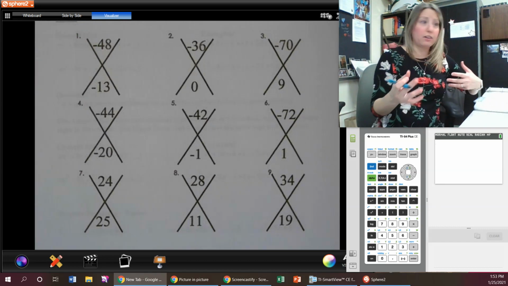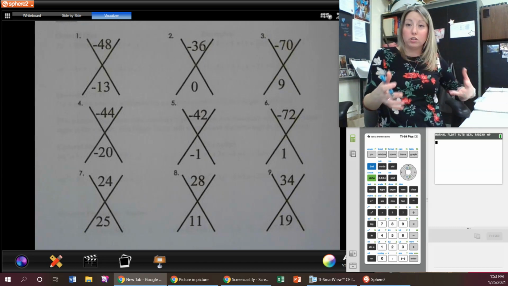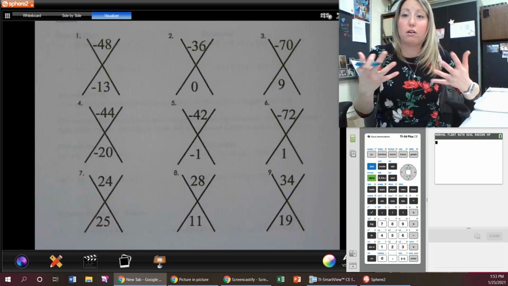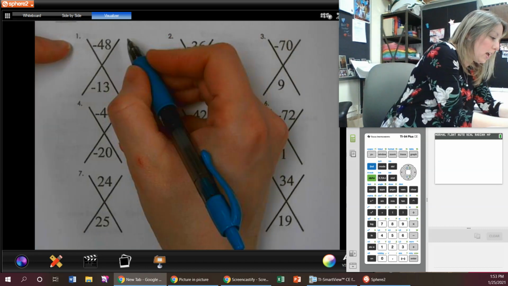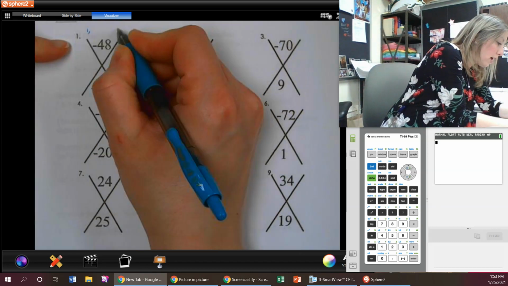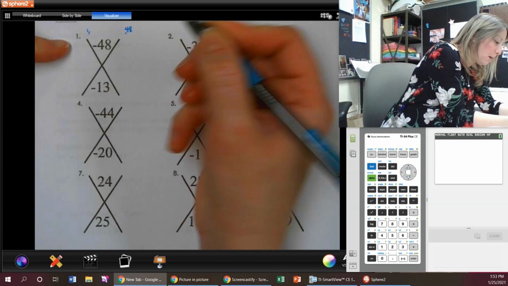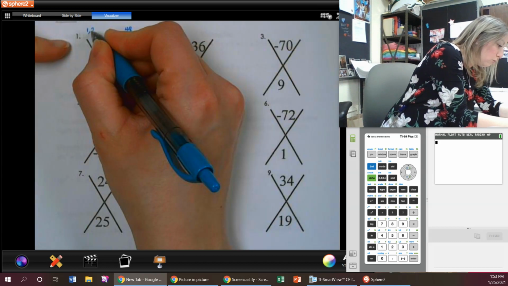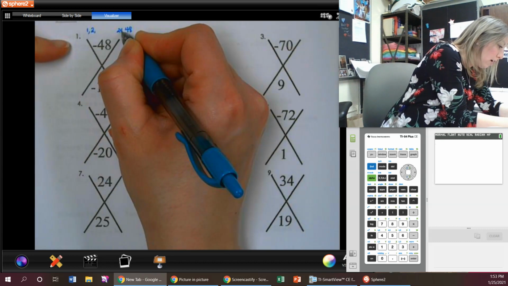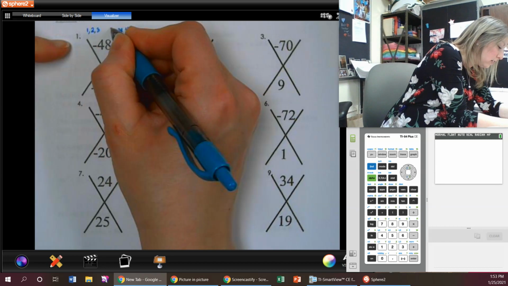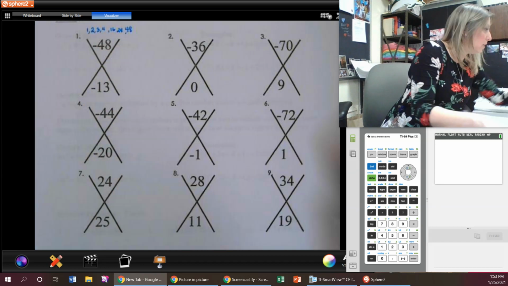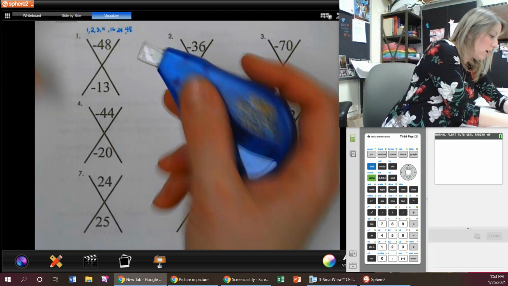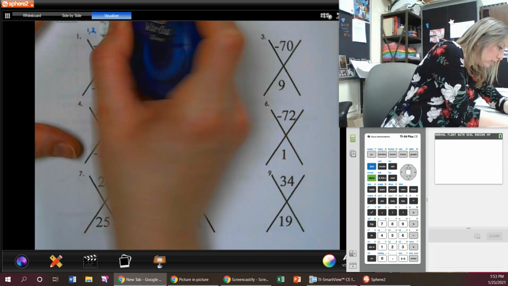Now 48 is actually a good start only because it gives us a lot of pairs of numbers to work with. Okay, so 48, you think, well, 1 and 48. 2 and 24. And 3 and 16. And 4 and 12.